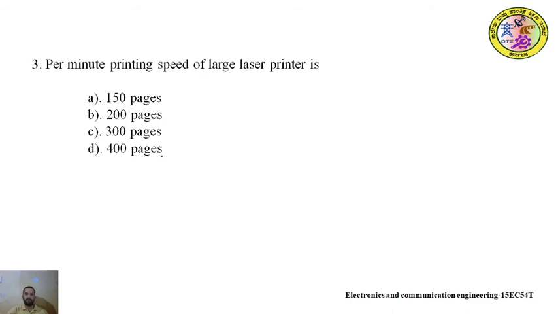The options are 150 pages, 200 pages, 300 pages, 400 pages. The answer is 150 pages per minute. Laser printers can print 150 pages per minute, even more also, depending upon the printing, but we'll consider this.